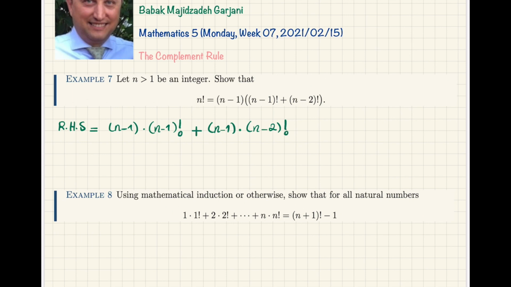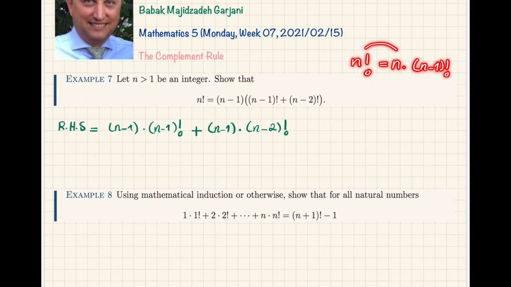If you understand what's going on, you can write it a little bit more compactly. Can you tell me how? Yes, exactly, thank you very much. Because you see, I told you that if you have n factorial, you can write it as that number multiplied by the previous number factorial.